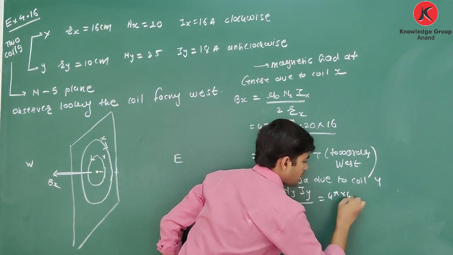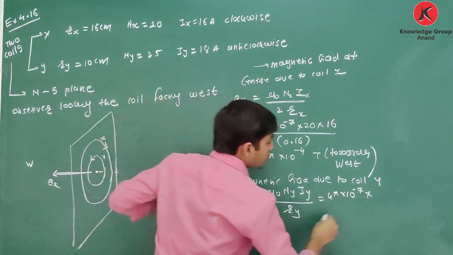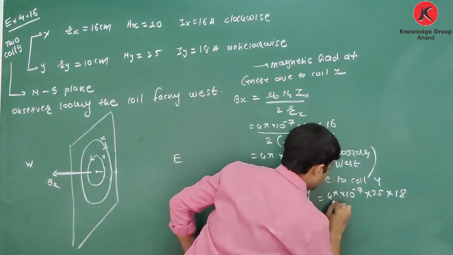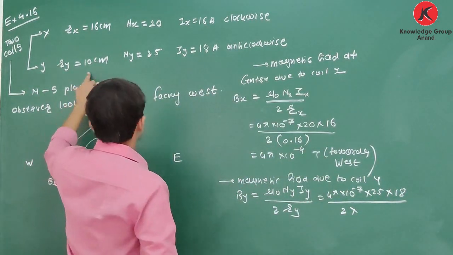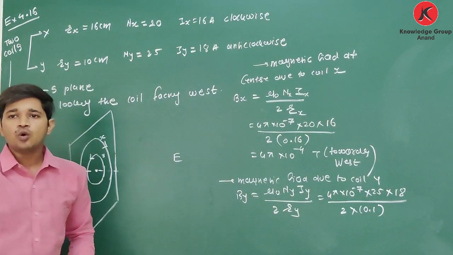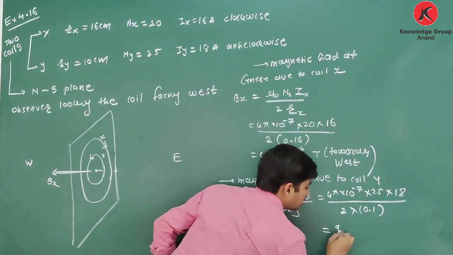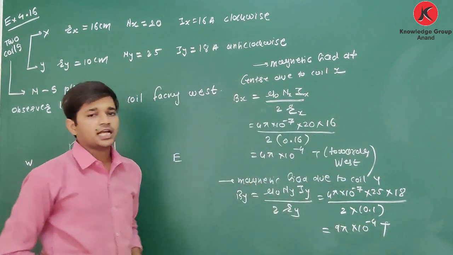Mu 0, 4 pi into 10 raised to minus 7. What is the value of Ny? 25. Iy is 18, divided by 2. And what is the value of Ry? 10 centimeter, means it is 0.1. Clear about this? If you calculate this, you will get your answer, 9 pi into 10 raised to minus 4 Tesla.